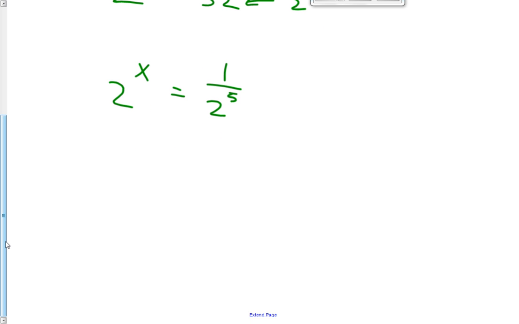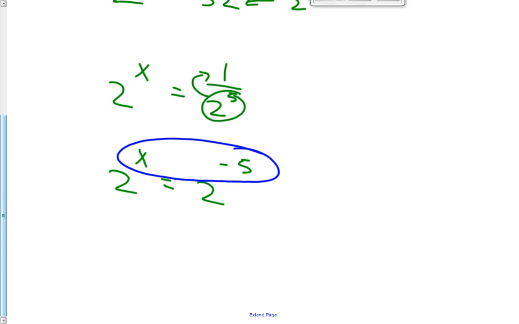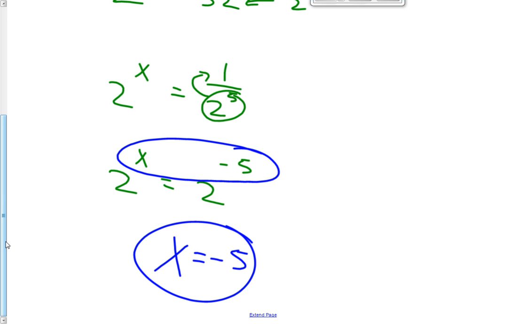Now I'm going to bring this to the numerator and just change the sign on my exponent. So 2 raised to the x equals 2 raised to the negative 5th. Now I have common bases of 2, so my exponents equal each other. X equals negative 5. And there's the answer for problem letter C.